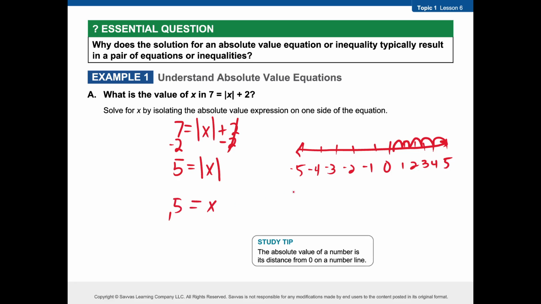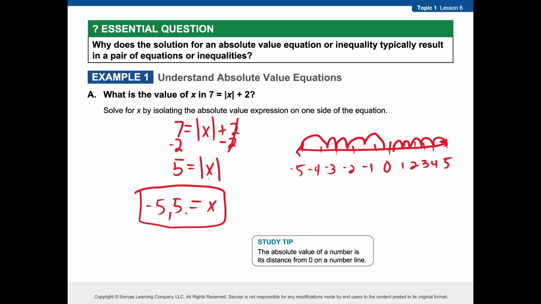It would take +5, 5 spaces to reach 0, and it would take 1, 2, 3, 4, 5 spaces for -5 to reach 0. So any time you have a variable that's by itself inside the bars, absolute value, you will always get the same number, positive and negative.